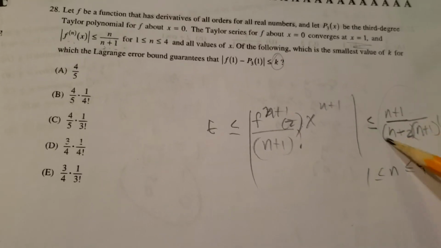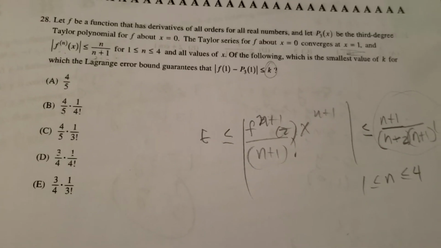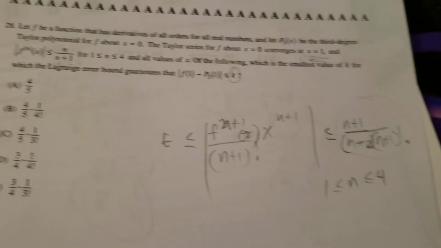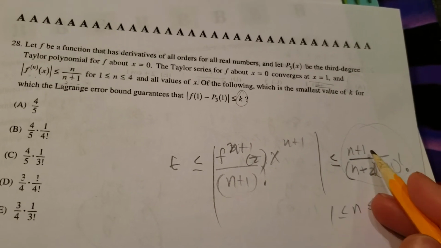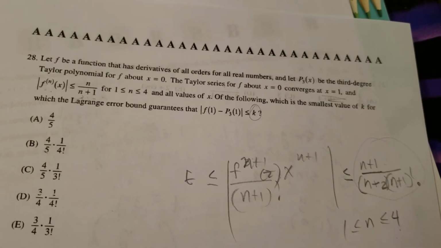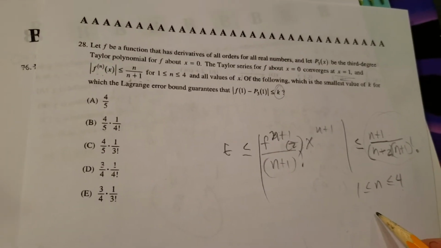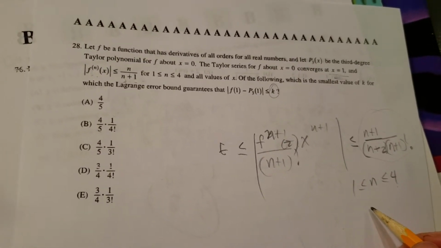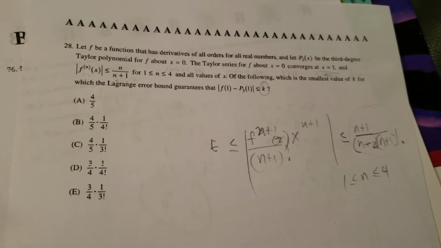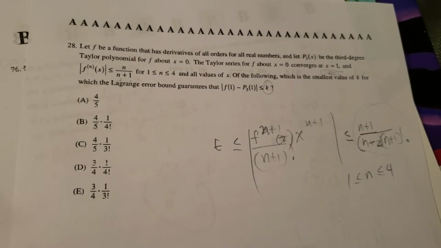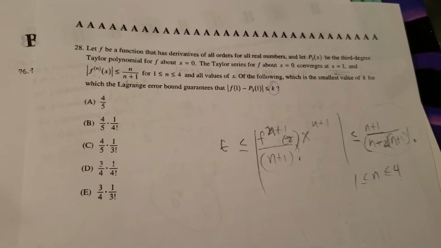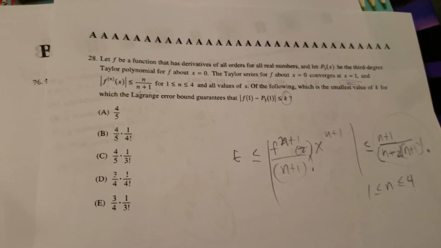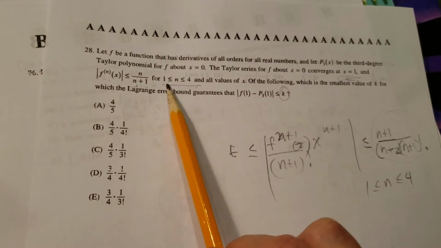So in order to have this be the smallest possible number, I think if n is 4, let's see. Oh, so n is between 1 and 4 here.